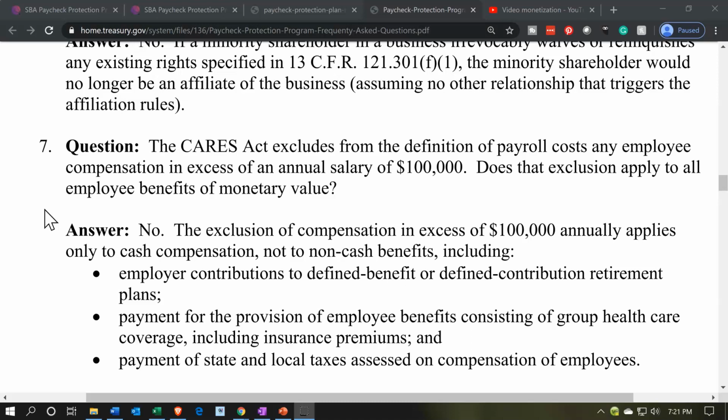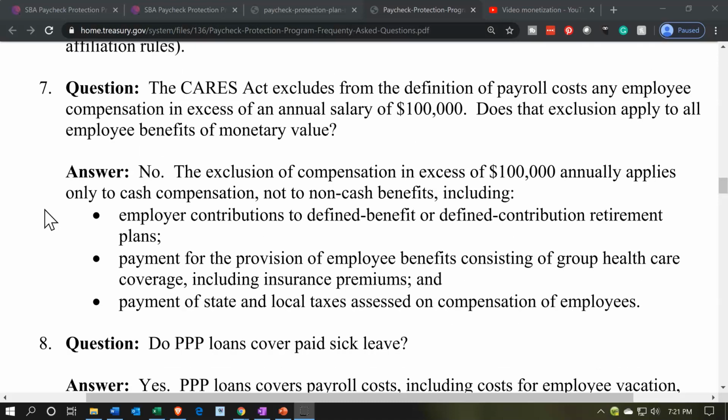Answer: no. The exclusion of compensation in excess of $100,000 annually applies only to cash compensation, not to non-cash benefits, including employer contributions to defined benefit or defined contribution retirement plans, payment for the provision of employee benefits consisting of group health care coverage, including insurance premiums, and payment of state and local taxes assessed on compensation.